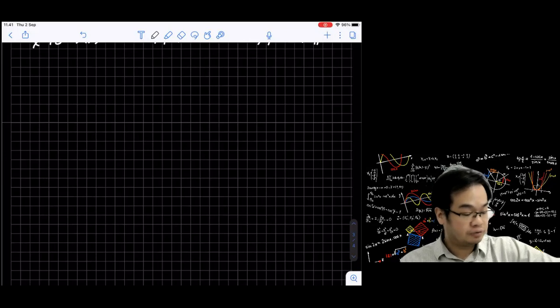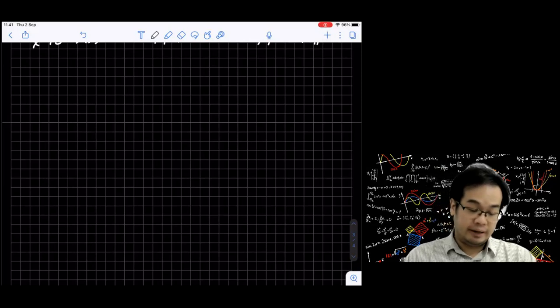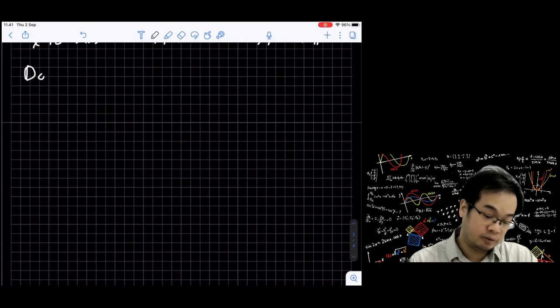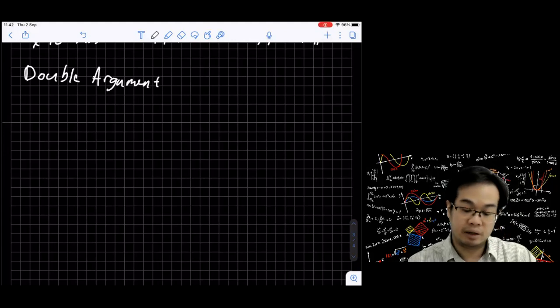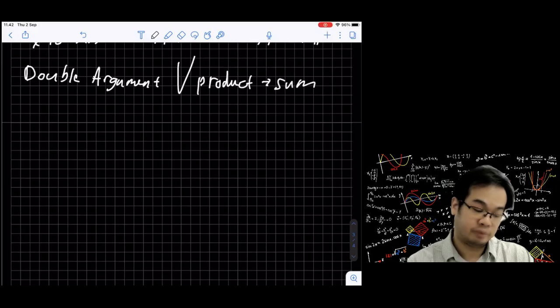Summary of properties of trigonometric functions. You're going to need these formulas to evaluate limits of trigonometric functions. Usually the ones used the most are the double argument and also the product to sum properties.